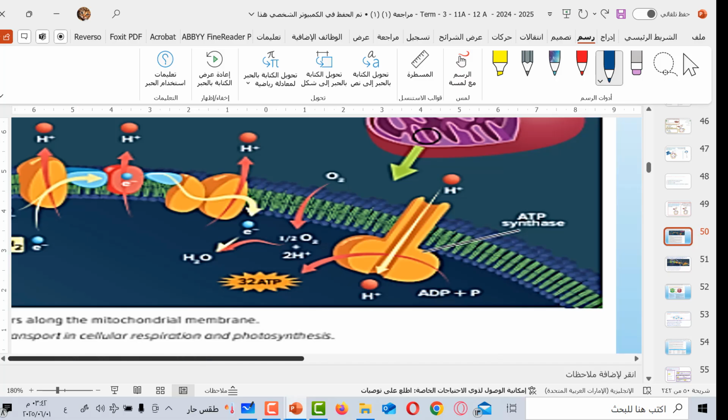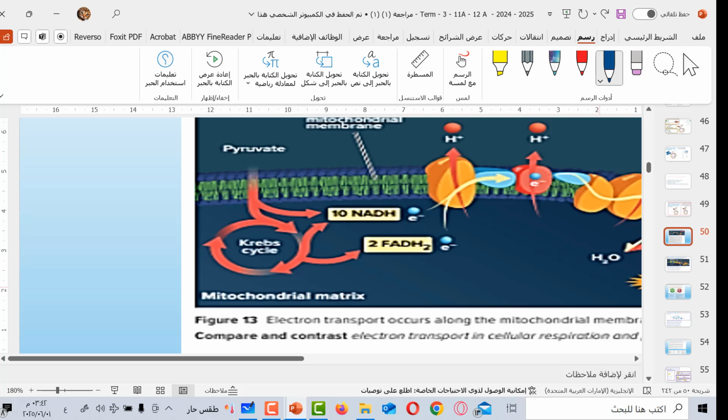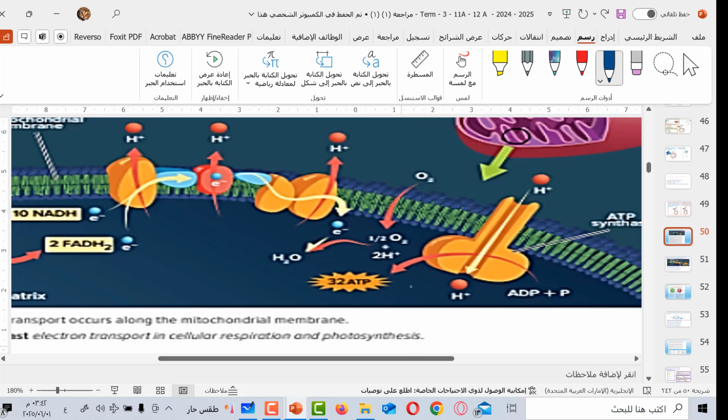This is also called ATP synthase, and it uses chemiosmosis of protons, because the proton is more concentrated in the intermembrane space than in the matrix.